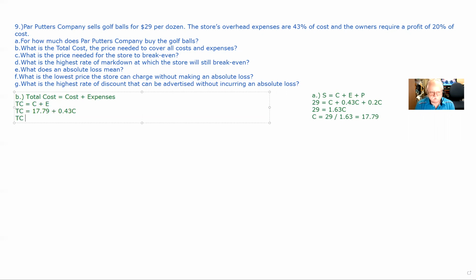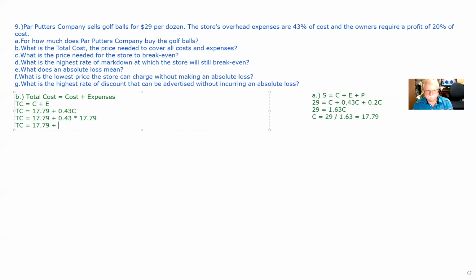So total cost is equal to 17.79 plus 0.43 times 17.79. So we end up getting total cost equal to 17.79 plus something that we still have to figure out. And I think it works out to be 7.65.